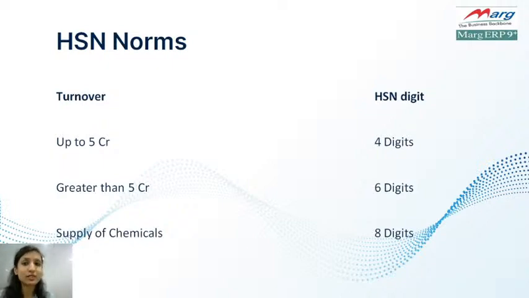But as always, everyone says exceptions are always there. So this is a part of further HSN: if you have a business of chemicals, if you are supplying chemicals, then you will need to mention your HSN codes as 8 digits.